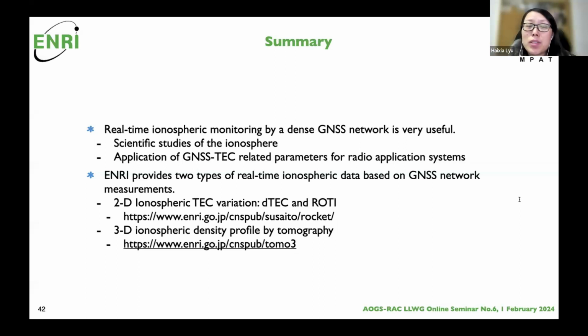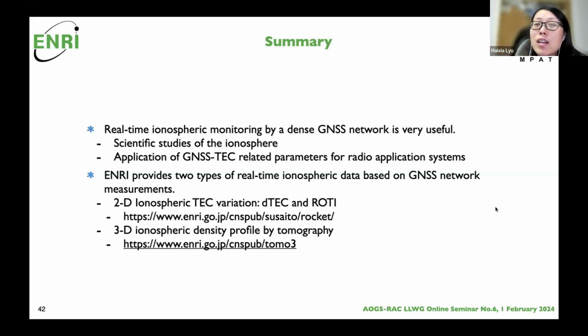Any other questions? Yeah, I have two questions. Firstly, the first maybe not a question. I like the idea about ROTI. You provide the ROTI maps at different layers, like 100 kilometers and then 350 kilometers.